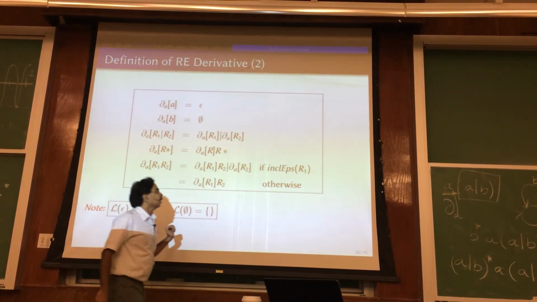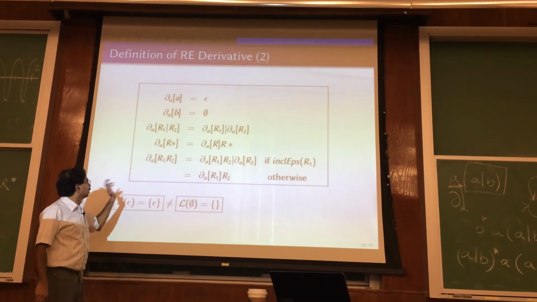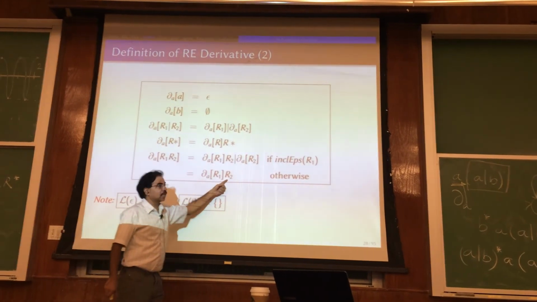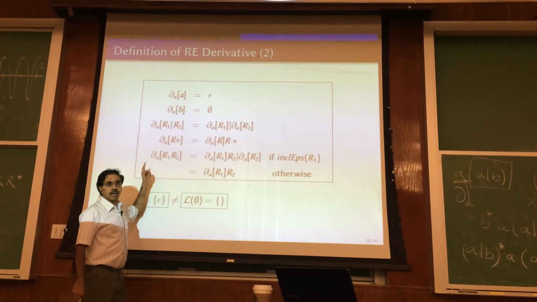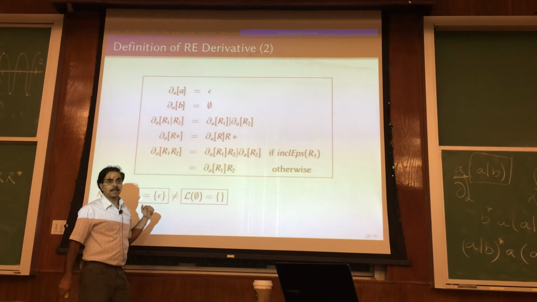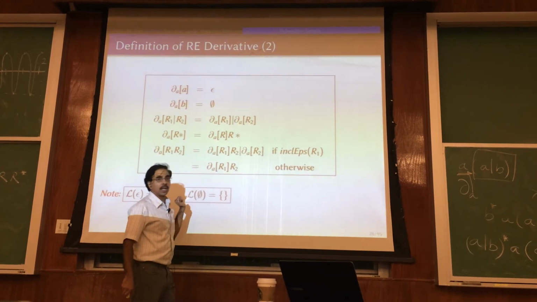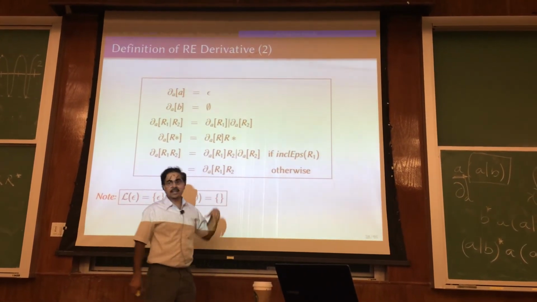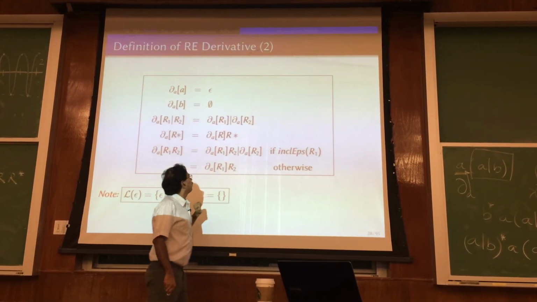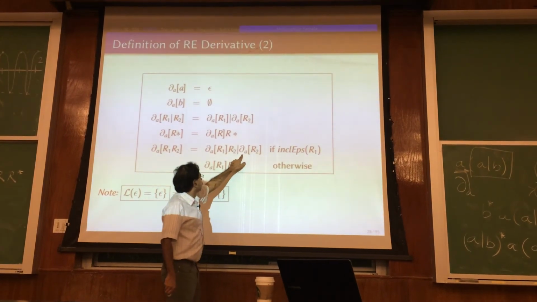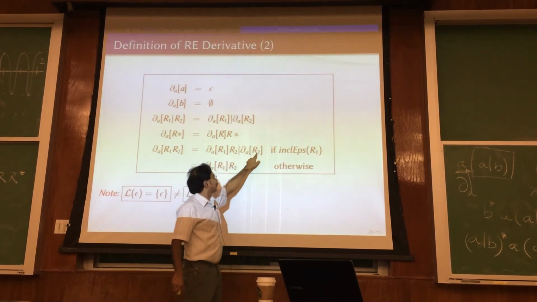We check if R1 includes epsilon. If it doesn't include epsilon, then you know it's not empty, therefore A must match something from R1, and that's what we're saying here. But if it can be empty, then A can match either something from R1, or R1 may become empty and A can match something from R2. So in this case, A is matching something from R1, and then, of course, the entire R2 is left in order to match. Whereas here, you have counted the possibility that A doesn't match anything in R1, R1 becomes empty, and now A is simply going to match R2.